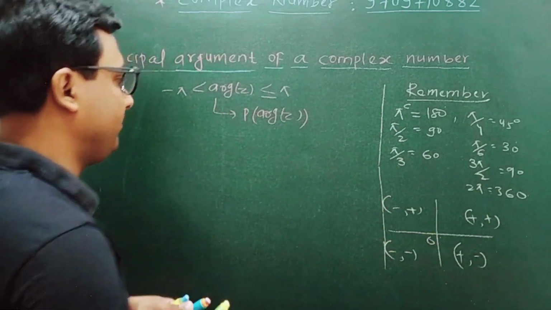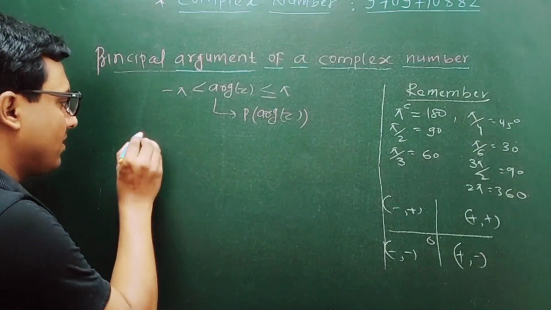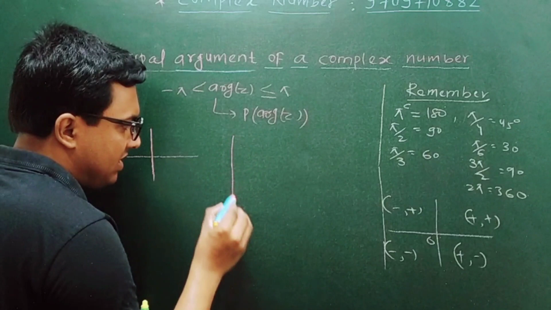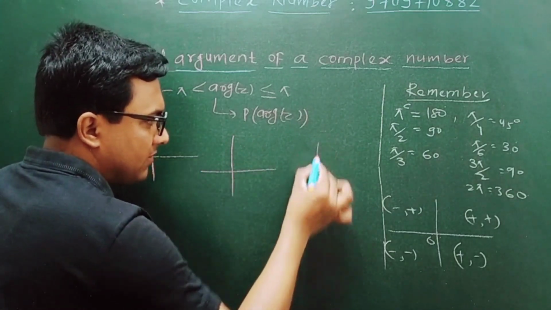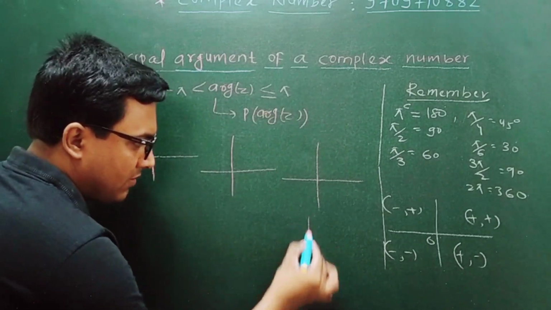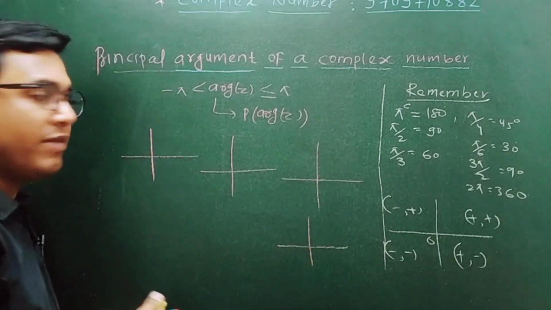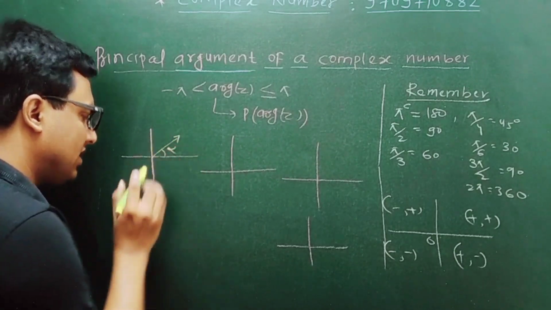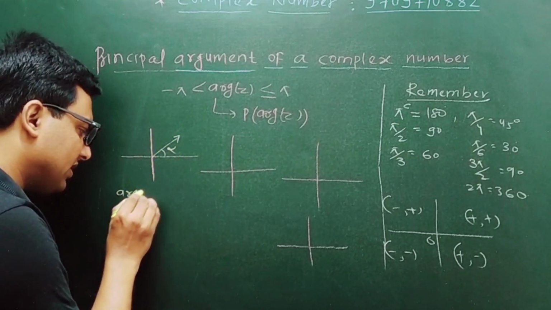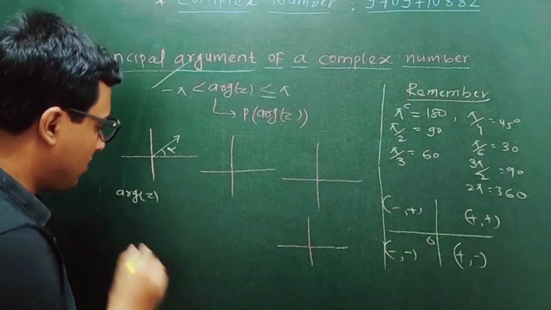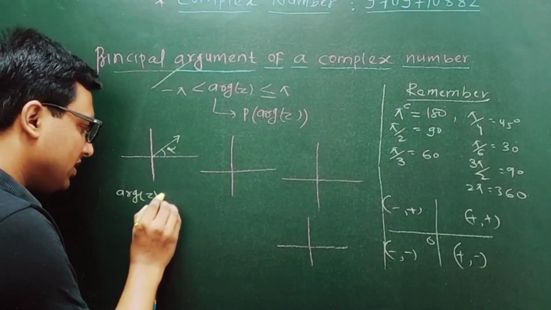So see here. When z lies in the first quadrant, alpha is here, then the argument of z, here meaning principal argument, is equal to alpha.